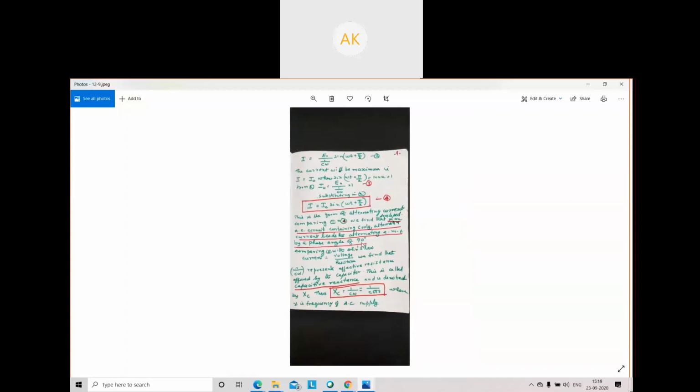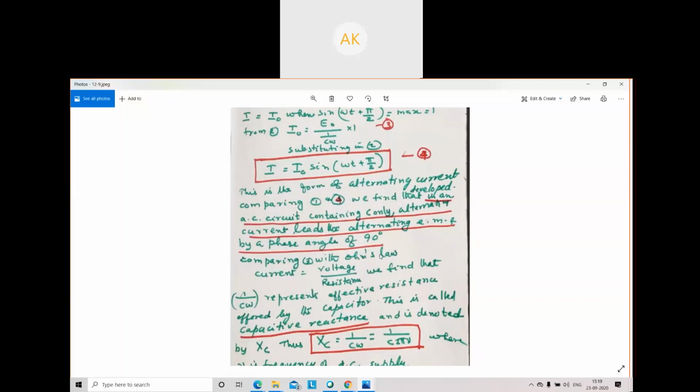So the question will be like that: show that in a capacitor the current leads. Or the question will be in another way, that is, what is the phase difference between voltage and current when AC is passed through a circuit containing a capacitor alone.